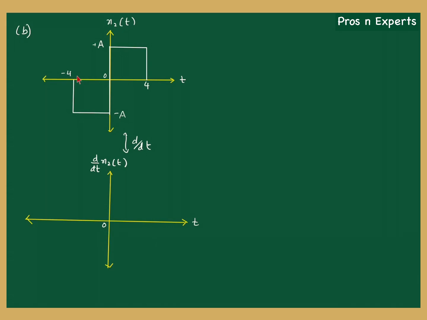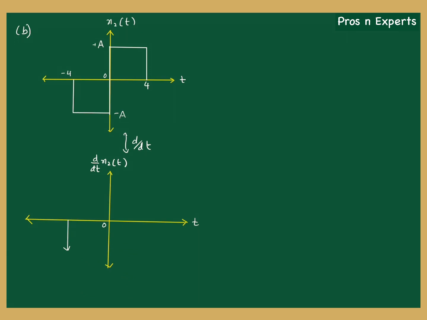At -4 you can see an abrupt change from 0 to -a, negative. So what will be the slope? It will be an impulse signal, and it is negative. Why? Because the amplitude changes from 0 to -a, a negative change, so a negative impulse.